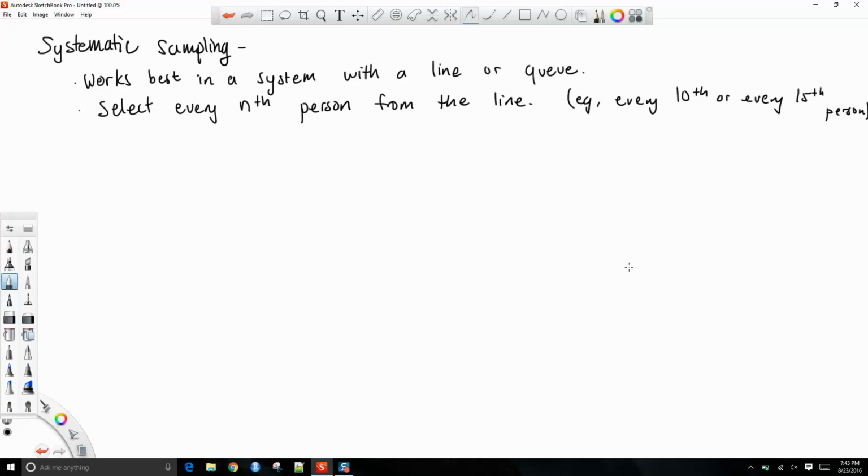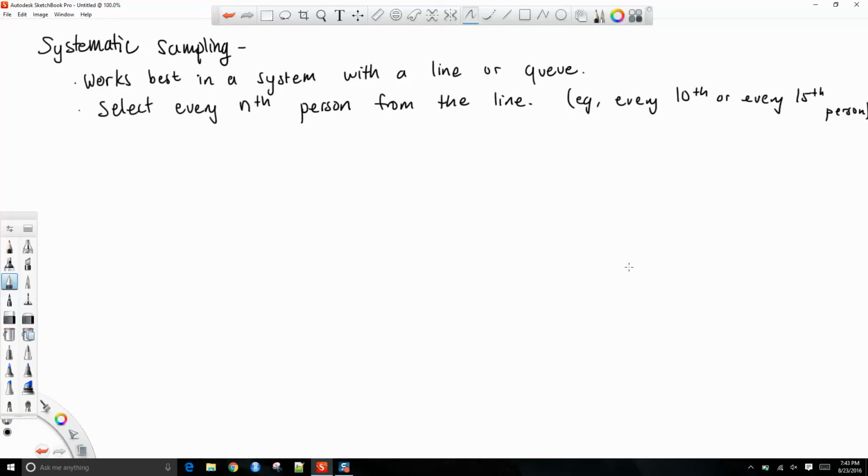Or when you call customer service, it says this call might be monitored or recorded. They might be recording every single conversation, but as far as active monitoring, they don't want to have someone listening on every single one, so the person monitoring might only listen to every 10th call coming in or something like that.